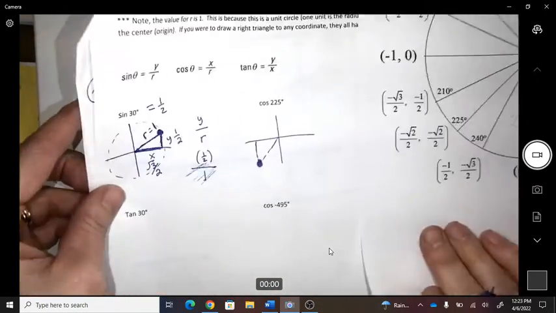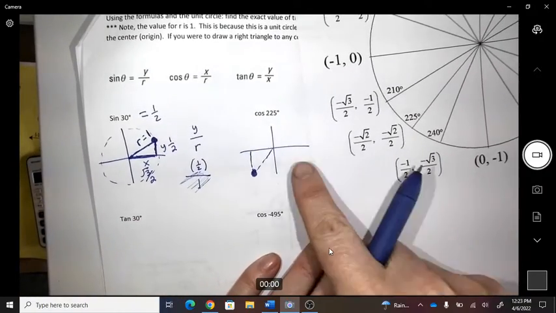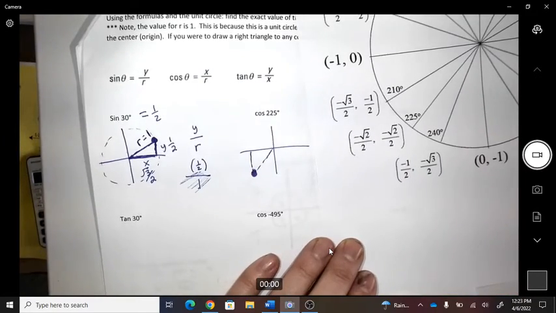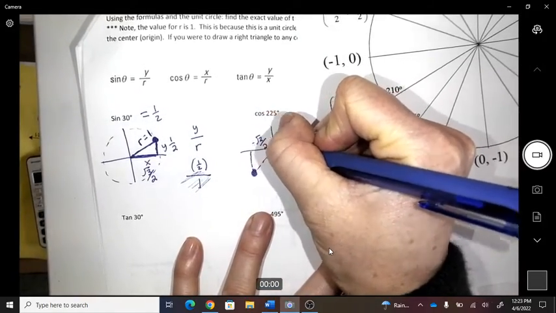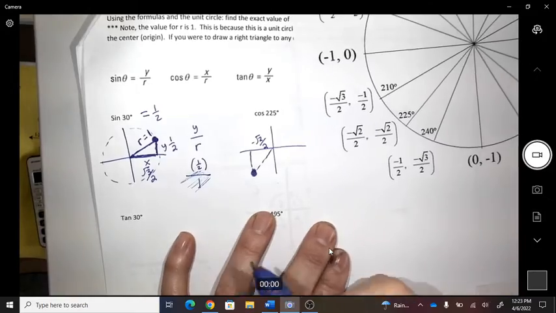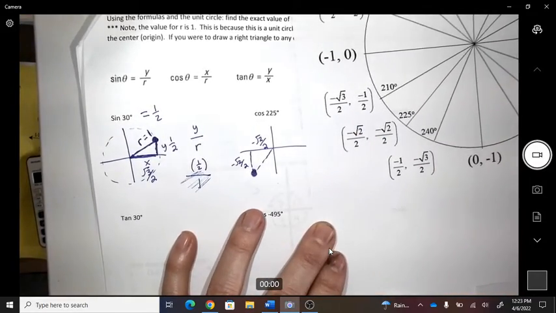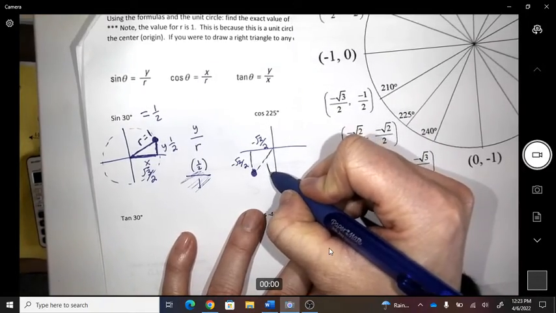Okay, using those two coordinates, can you write this and this on the proper spots? So negative root 2 over 2 is the X, and negative root 2 over 2 is the Y, and then the R is 1.